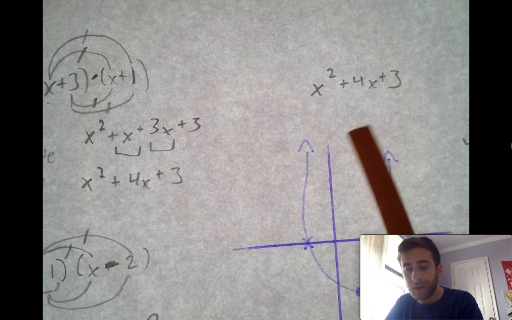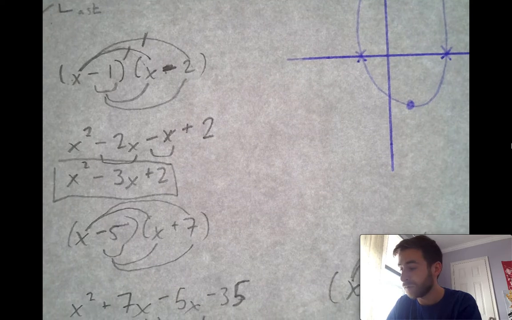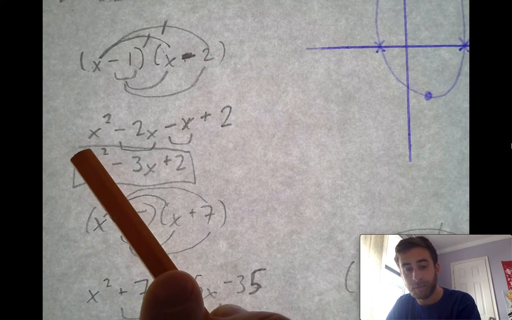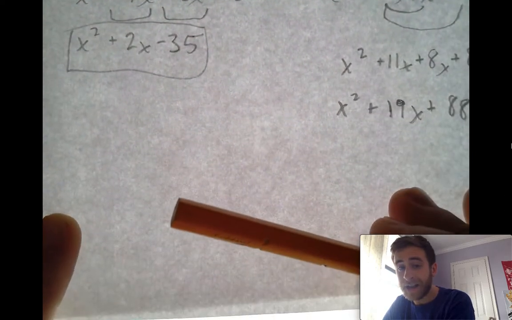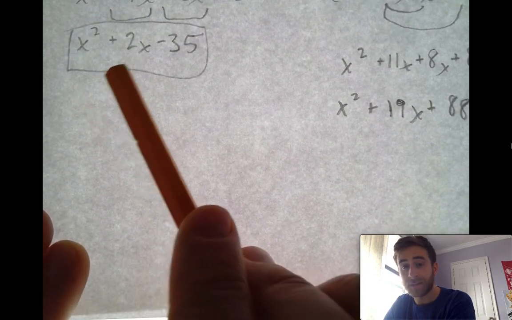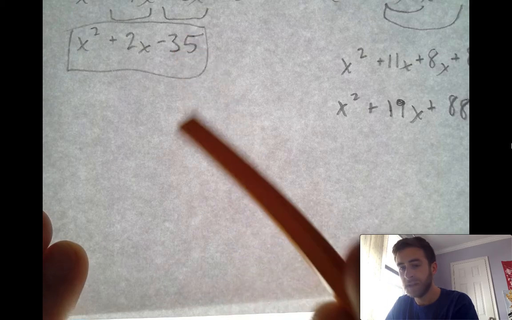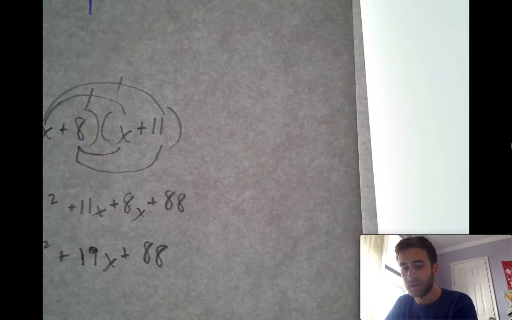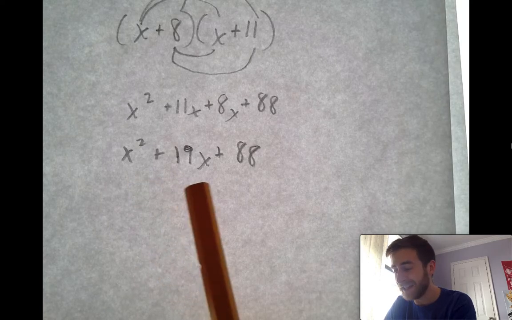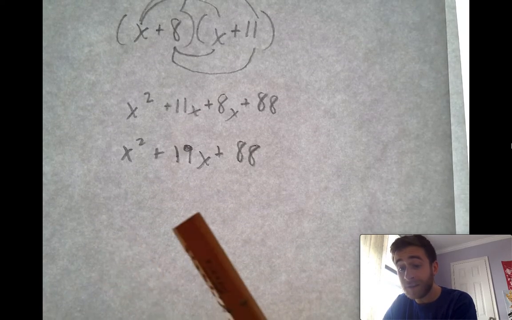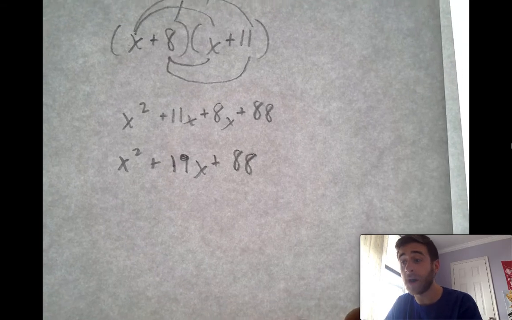But every single one of my answers from the FOIL video, just from before, x squared minus 3x plus 2, all of them had an x squared in it. x squared plus 2x minus 35. And we also had this, whoa, my goodness, it's starting to lag again. x squared plus 19x plus 88. All of them have an x squared. All of these answers from the previous video were quadratics.